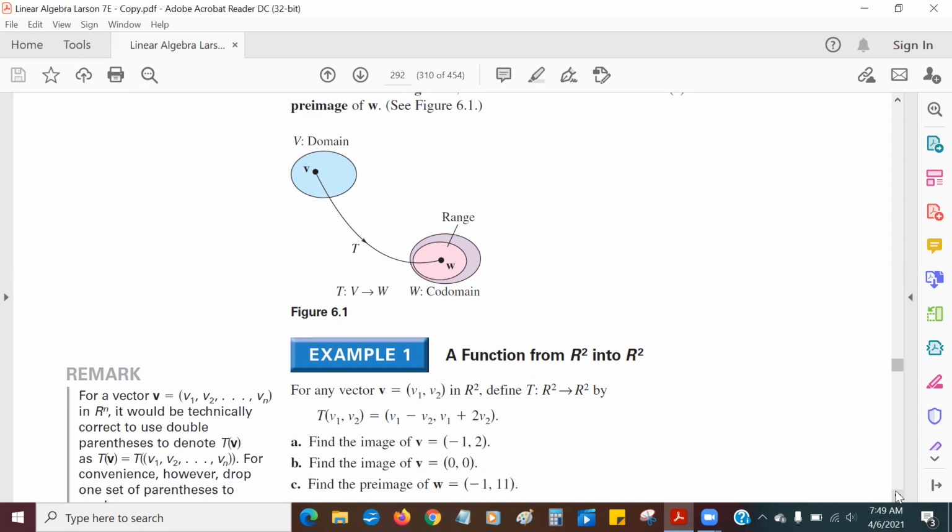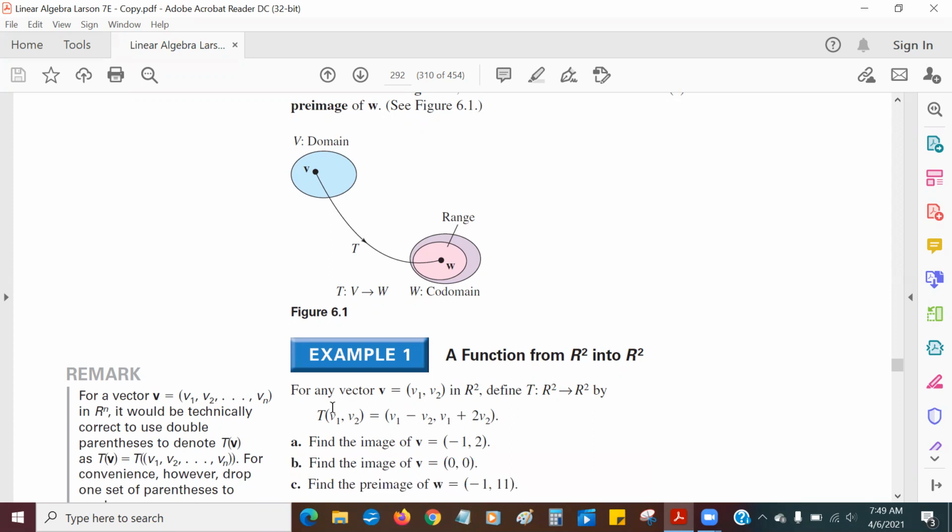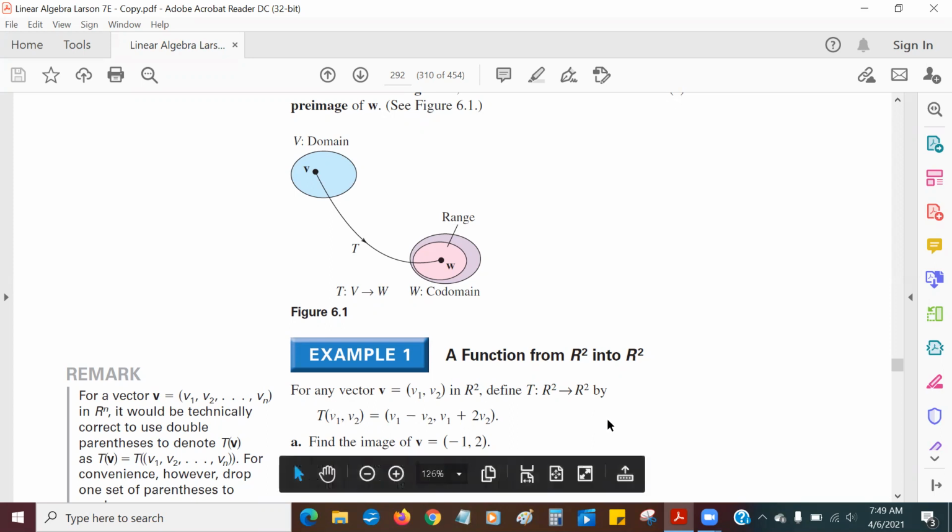The first vector has components v1 comma v2, and we're taking a transform which sends vectors in R2 to other vectors in R2. We define this transform so that if we have a vector v1 comma v2, remember v1 and v2 are just scalars, just real numbers, then T of v1 comma v2 is v1 minus v2 comma v1 plus 2v2.